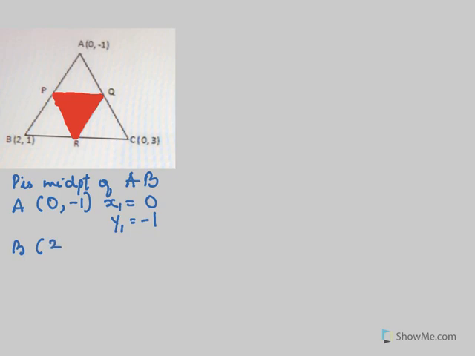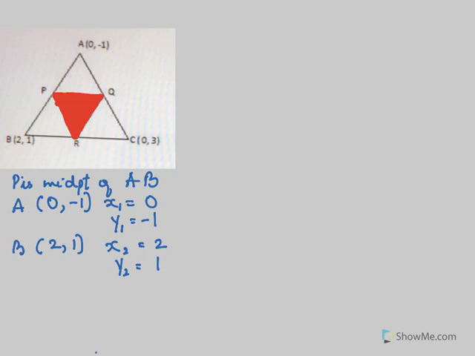So let's start finding. Now we know P is the midpoint of AB. Coordinates of A are x1 0, y1 minus 1. Coordinates of B are (2, 1), which means x2 is 2, y2 is 1.